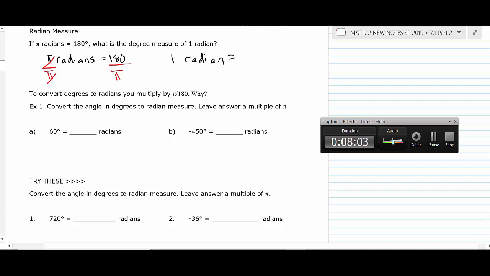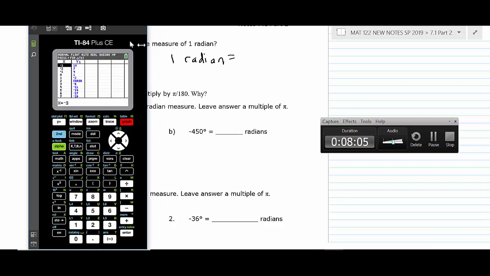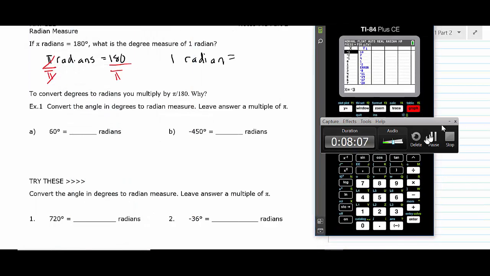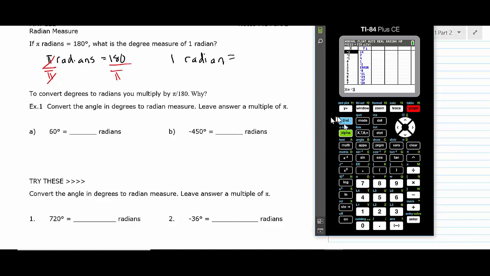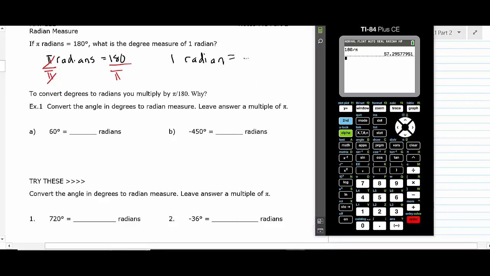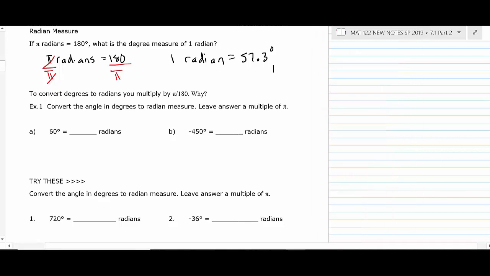Now I'm going to take my calculator, and if I just take 180 divided by pi, using the pi key on my calculator, I get about 57.3 degrees approximately. So 1 radian is about 57.3 degrees.